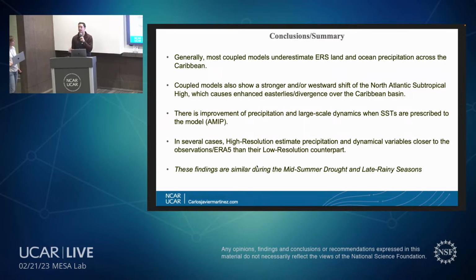But that's not always the case, and I also show here that there are other factors at play, such as the large-scale dynamics, where even in high-resolution models, they do not show the large-scale dynamics correctly, which does have an overarching role in the hydroclimate, given what I see in the mean flux and convergence, where you do see NASH and the ITCZ as the dominating modes for mean state rainfall. So it's a combination.